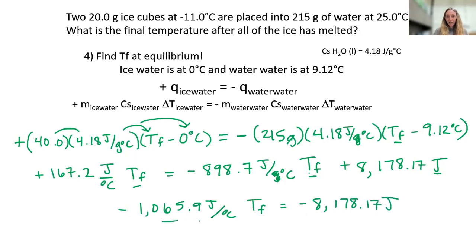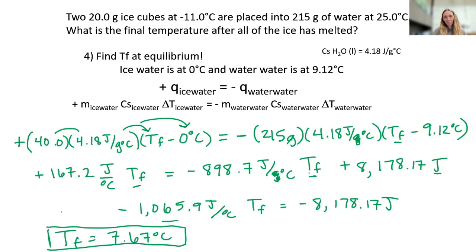Now I'm going to divide by this number to get TF by itself. And my final temperature is going to equal 7.67 degrees Celsius. Using significant figures, it's probably like 7.7. You can go back and double check all your significant figures for all your orders of operation.